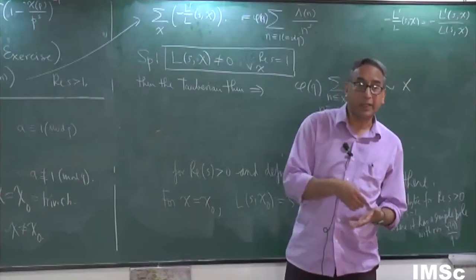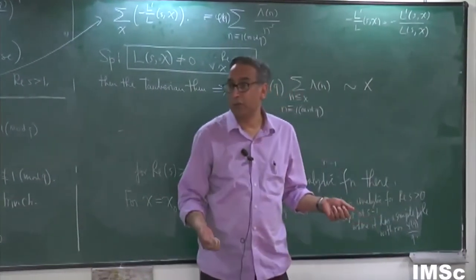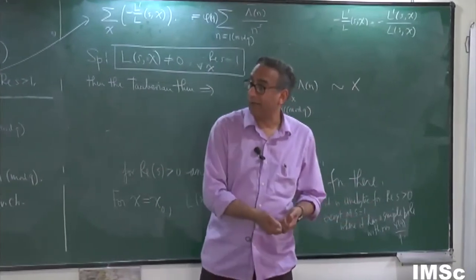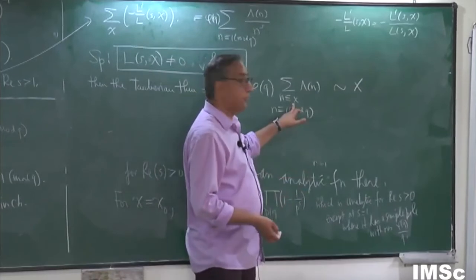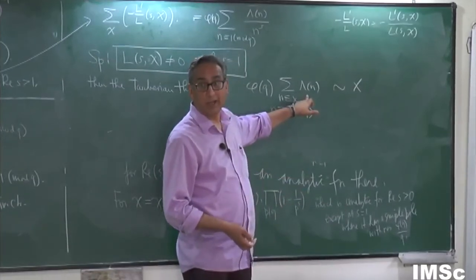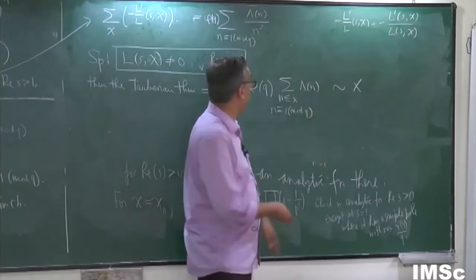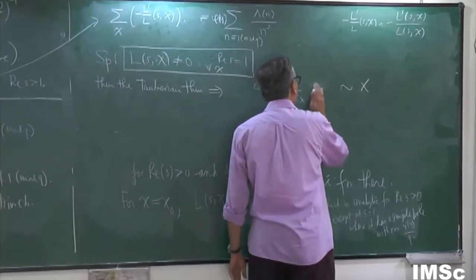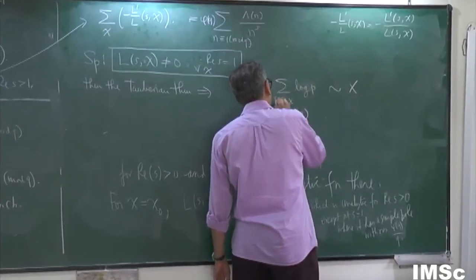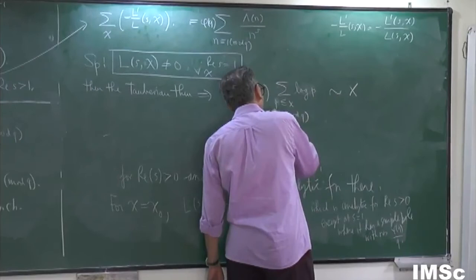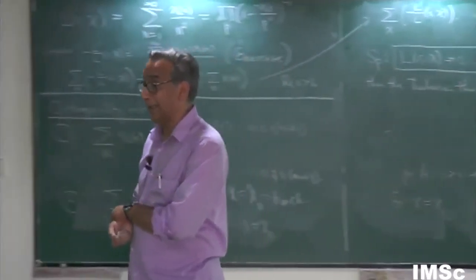But remember, we agreed last time, a simple count: squares count for at most root x, cubes count for at most x to the 1/3, and so forth. So the contribution from squares, cubes, etc. in this sum is very, very small. So you may as well replace it with log p, with p a prime and p congruent to 1 mod q, because the other terms are contributing much less compared to x.